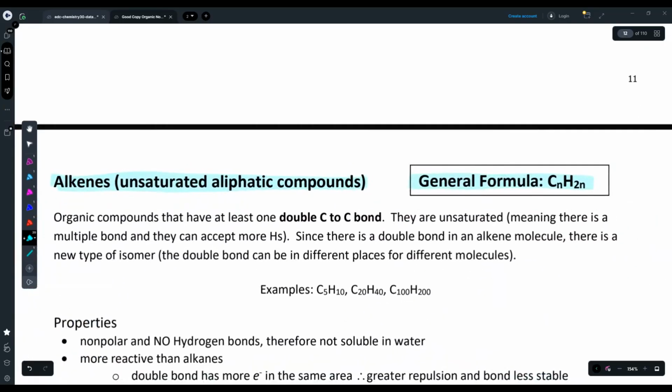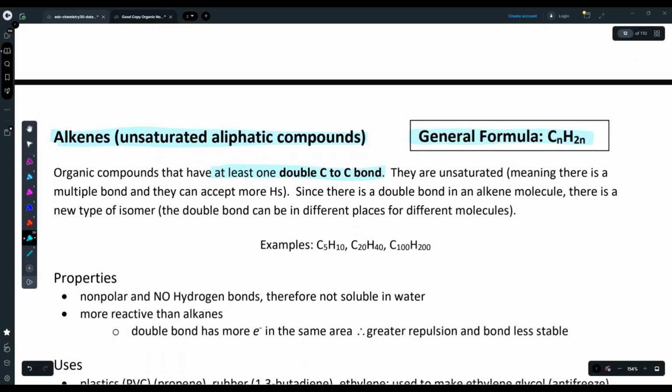Okay, so key feature of alkenes is they have at least 1 double carbon-to-carbon bond. Okay, and they're going to be unsaturated, and the reason why they are qualified as unsaturated is because you don't have the maximum amount of hydrogens attached to each carbon, because of that double bond.